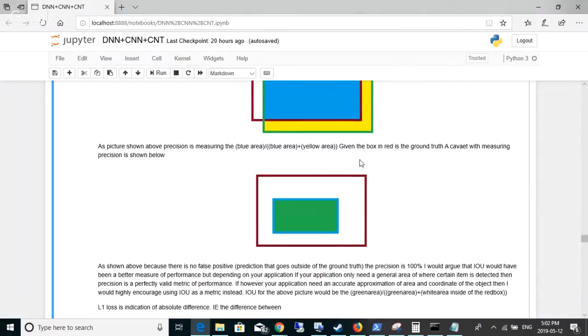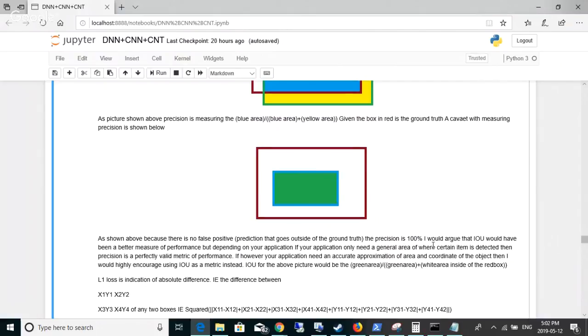But a caveat with measuring this way is that in something like this, because there isn't any false positive here, there's only true positive and false negative, the things that haven't been detected, this is actually 100% precision. This is fine under certain situations if you don't really care about how large your box is.